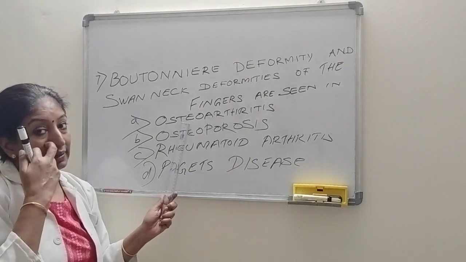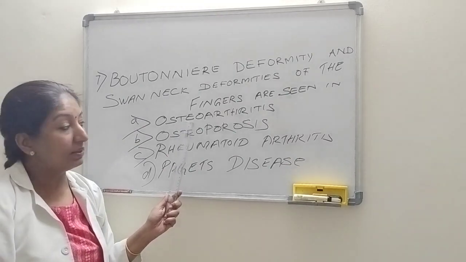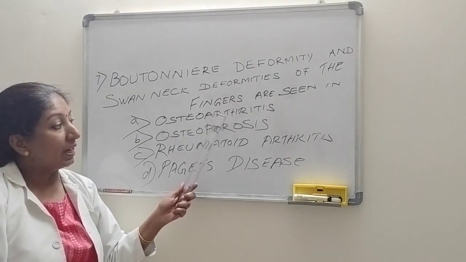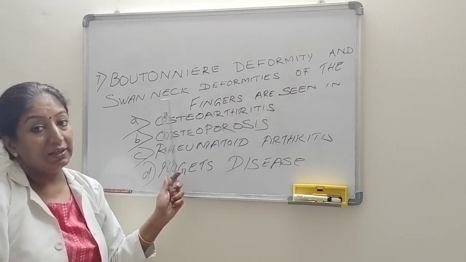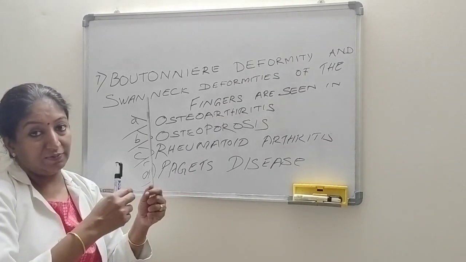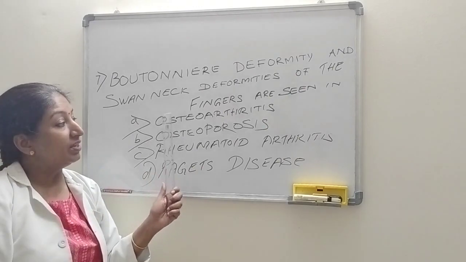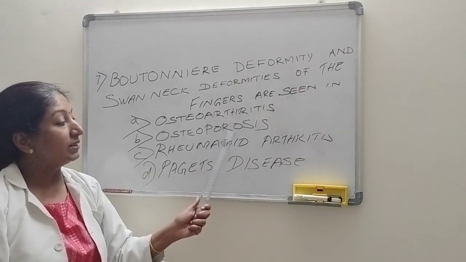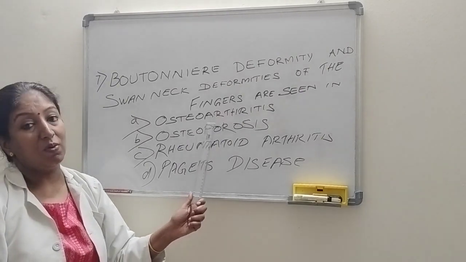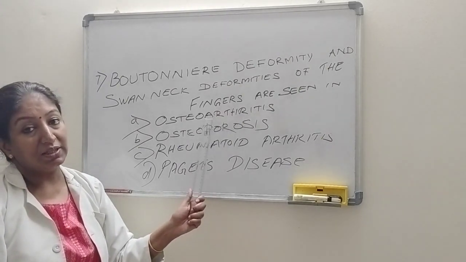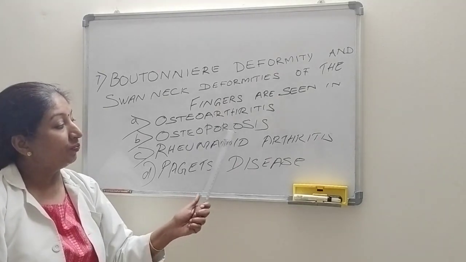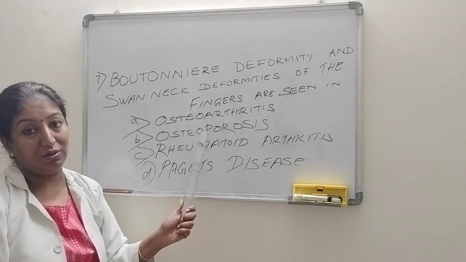Osteoarthritis is a degenerative disease of the joint in which the cartilage which protects and cushions the ends of the bones wears off over time. Osteoporosis is weakening and thinning of the bones. Here the bone density and the strength is reduced, which leads to fracture.